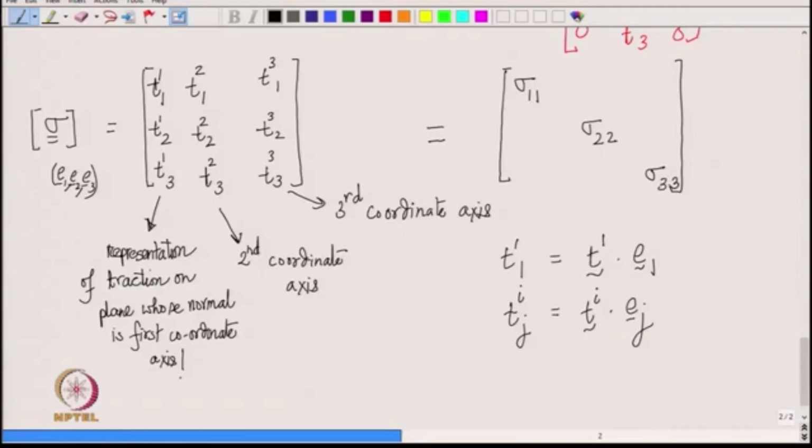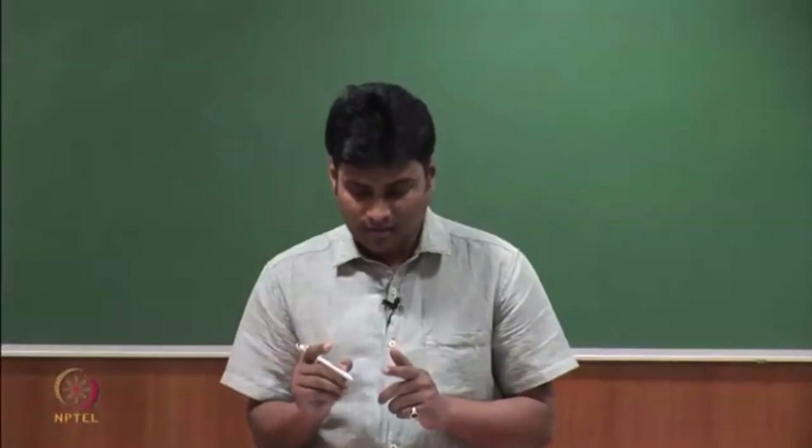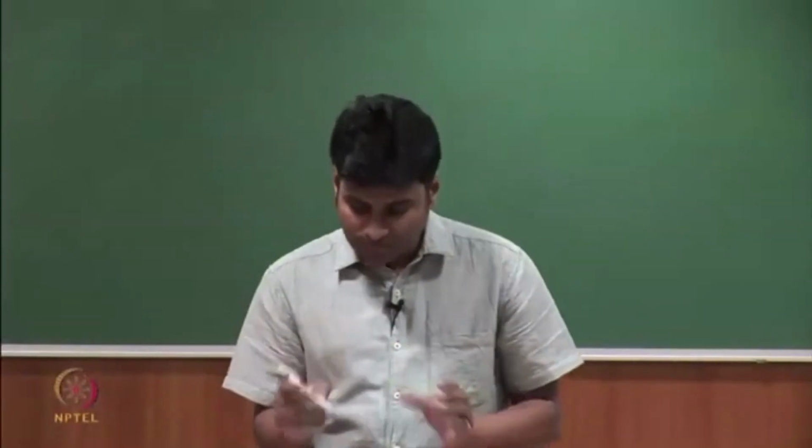Okay. How about T21, the traction on second plane and its component along E1 direction. So, T21 that is denoted by tau. So, off diagonal components are denoted by tau and the diagonal components are denoted by sigma. I will tell you also why we use different symbols.